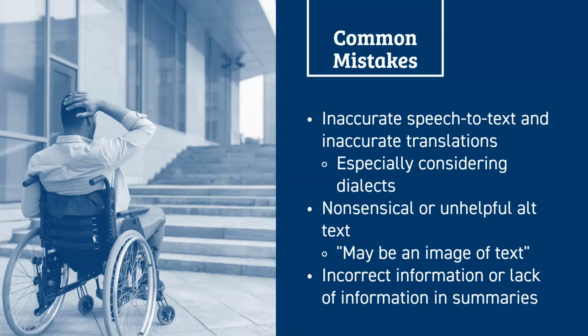And depending on how inaccurate they are, it can be detrimental to anyone attempting to watch that video or listen to your podcast or whatever it is. And so have someone, a real person, listen to it and check those captions or the transcript to make sure that it's accurate. It also struggles a lot with dialects, accents, anyone with disordered speech who might not pronounce things the way that the AI has been taught that word is pronounced.